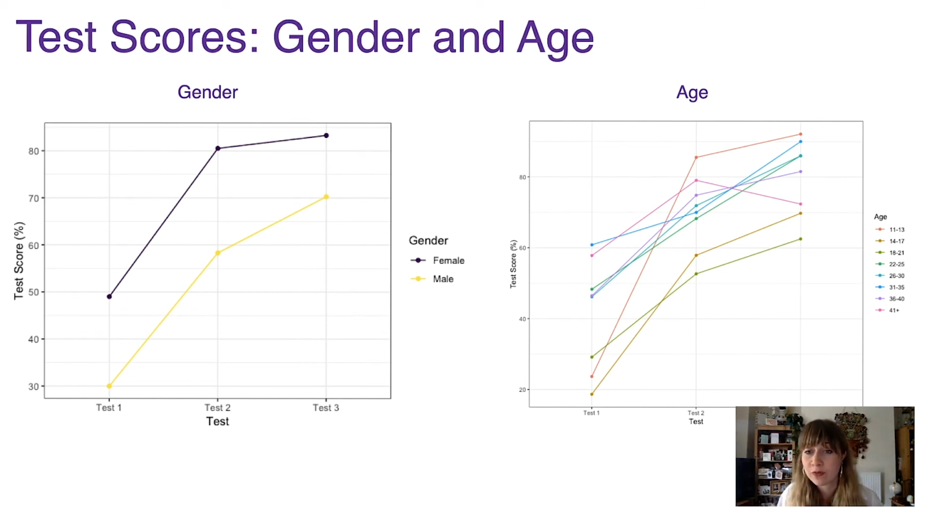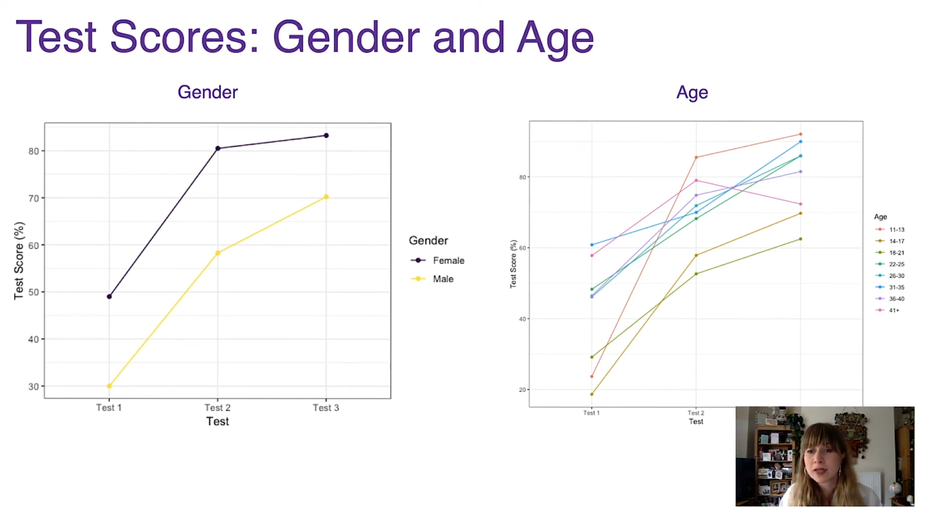Then if we look at the 14 to 17 and 18 to 21 categories, so in the brown and green at the bottom end of the graph, we can see a similar pattern going on here. The 14 to 17 category has the lowest starting test score at below 20%. This increases by almost 40% by test 2 and increases further by another 10% by test 3.